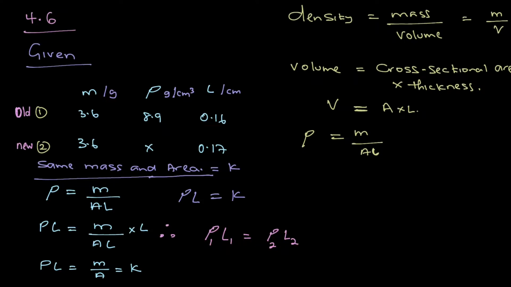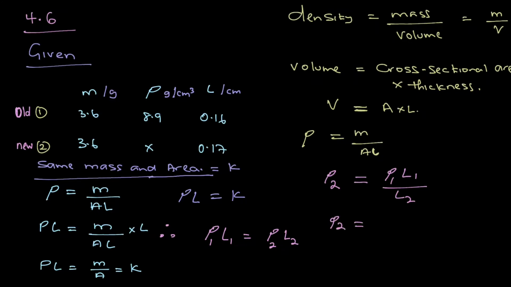So I need to find rho 2. I need to make that the subject, and therefore I write rho 1 L1 over L2. Rho 2 is this one, that's density, and rho 1 is this one. L1 is that one, divided by L2, this one. So I need to plug in the values.